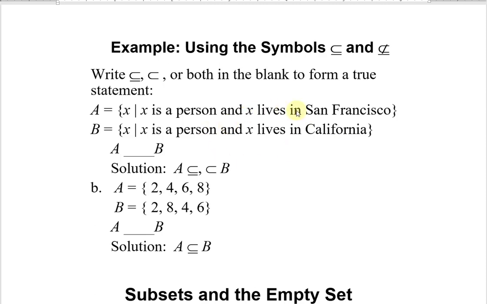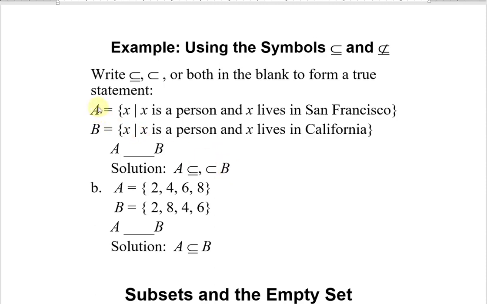Now we know that all the people who live in San Francisco, because San Francisco is inside California, so everything of A is inside B. So we know that A should be the subset of B.